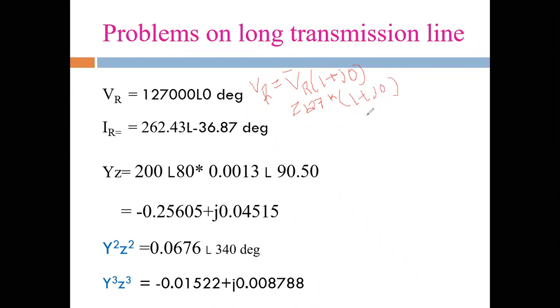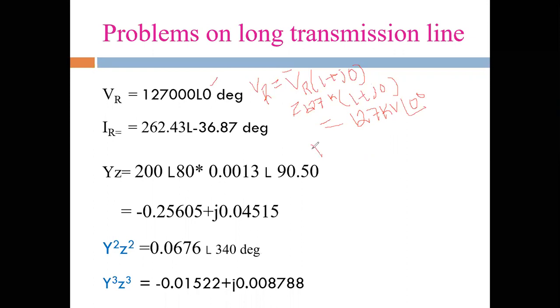Then it will be converted into angle form, 127 kilovolts at an angle of 0 degrees. That will be mentioned in that PR.